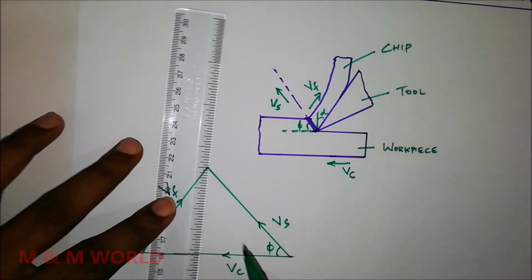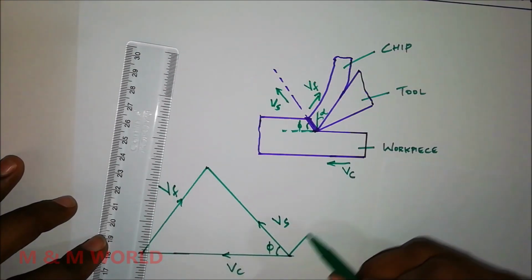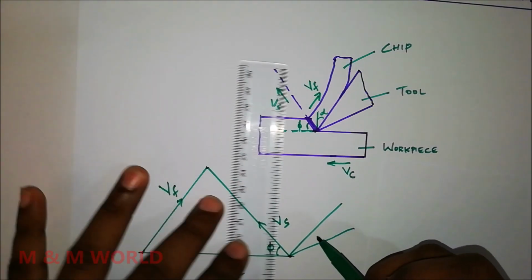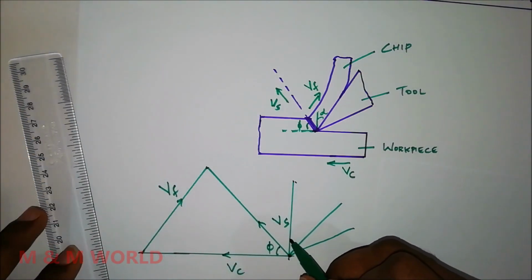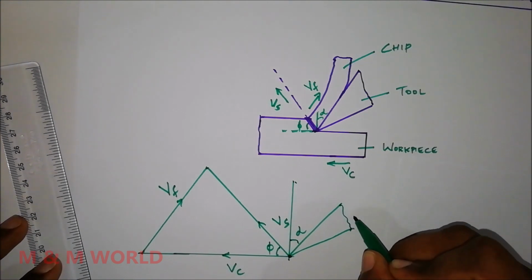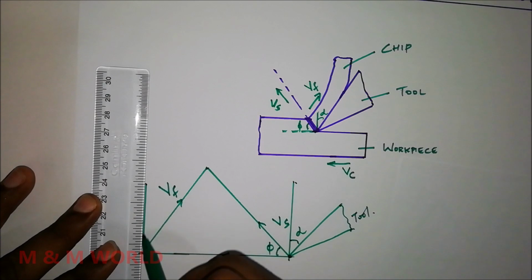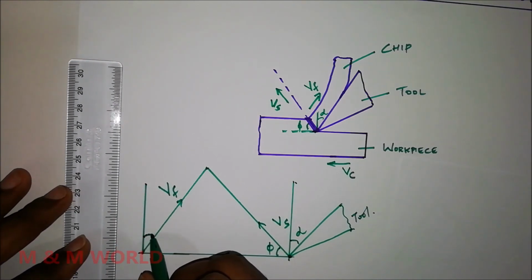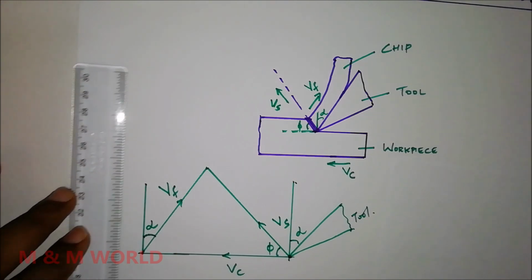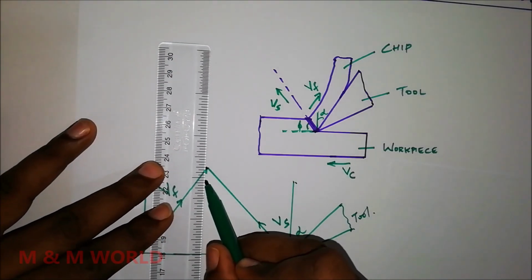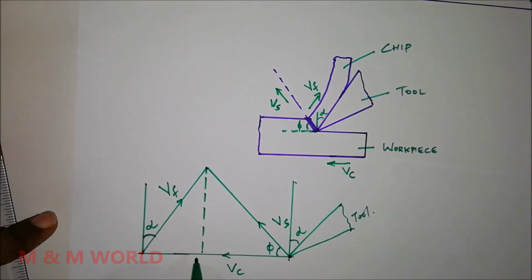Now, this will be the tool, and this angle will be alpha. Similarly, this angle will be alpha. Now draw a perpendicular to VC.